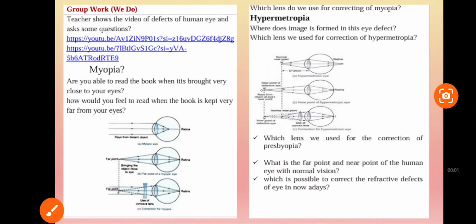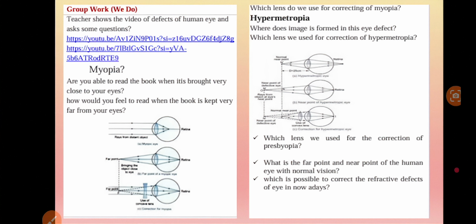Up to now, we discussed the teacher modeling, the I do activity. Now we are going to proceed with the we do activity. In this, we have given some video links, and while they are seeing those videos, we have to pose some questions.